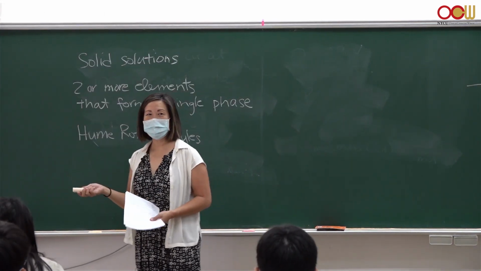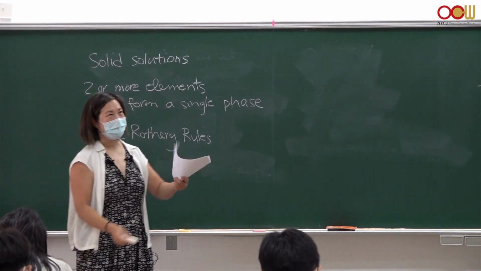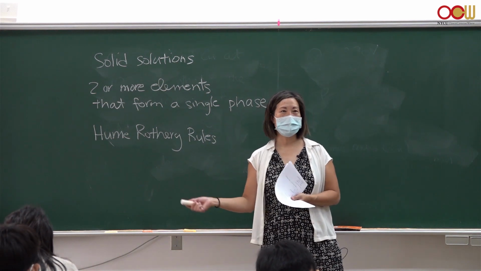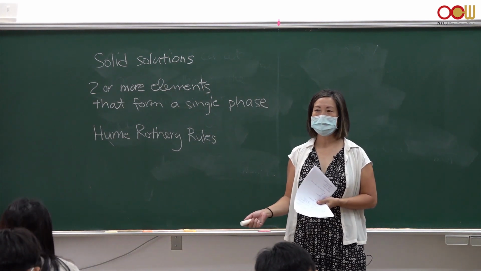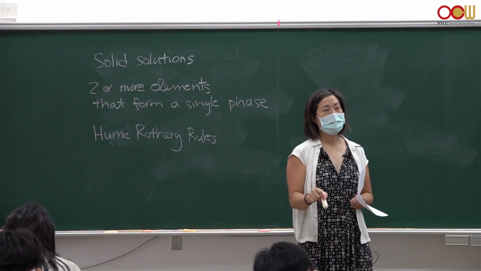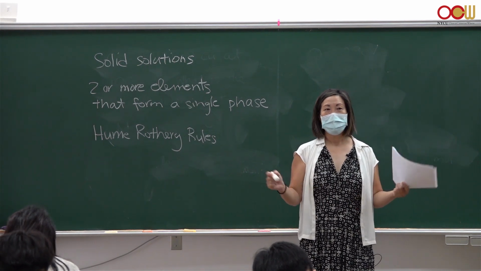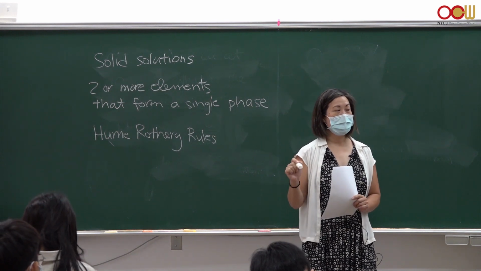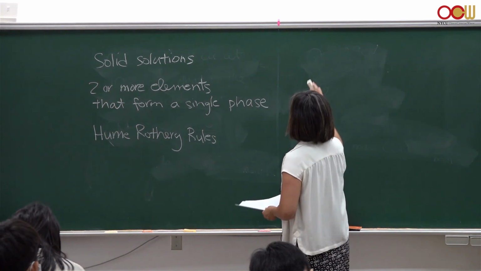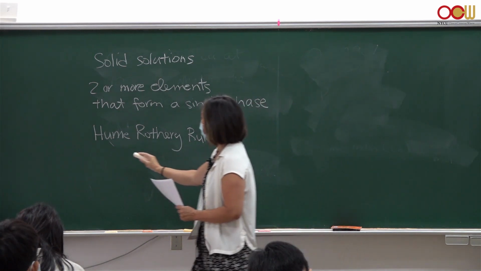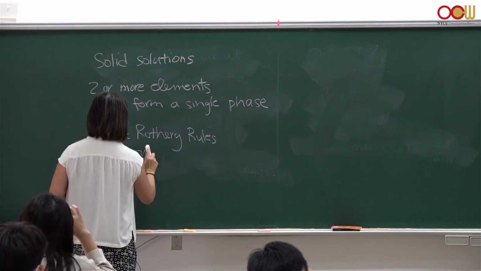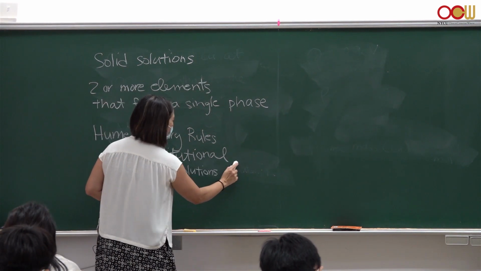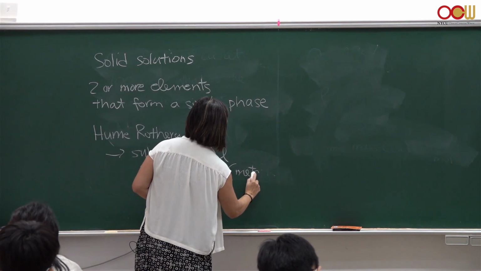So I don't expect you to memorize the Hume-Rothery rules for the rest of your life, but what's important is to recognize what is being represented in these rules and to remember if you were ever to think about forming a solid solution, you should look up these rules so that you know whether a substitutional solid solution can happen. So Hume-Rothery rules is for substitutional solid solutions, and especially for metals.